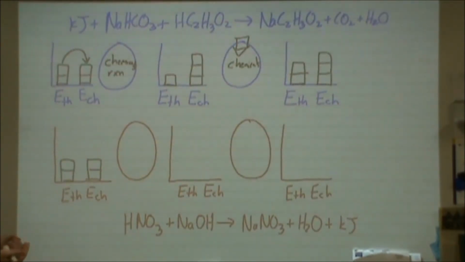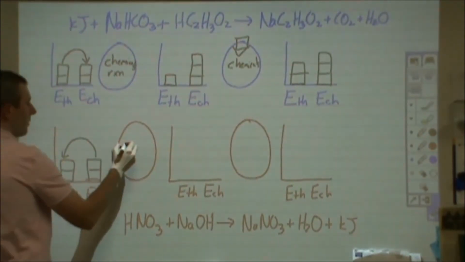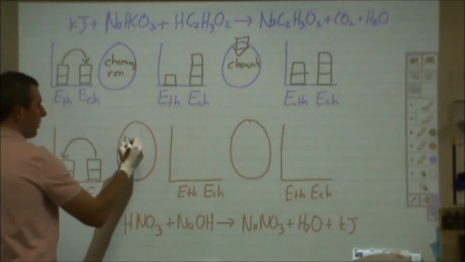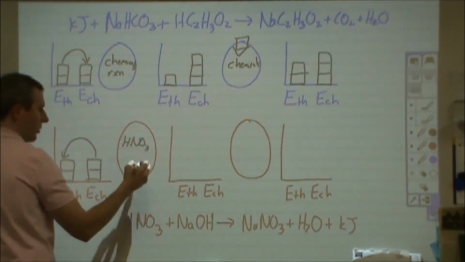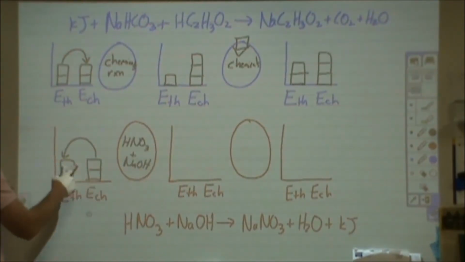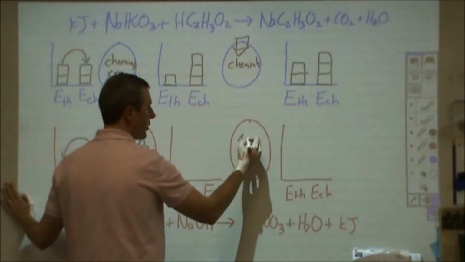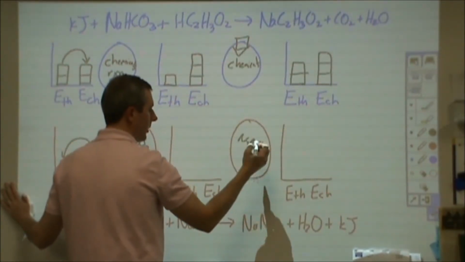That's indicating that we are increasing our thermal energy. So in this case, we're going to be taking chemical energy from our chemical mixture. Let's actually put the chemicals in for this one. We have our nitric acid and our sodium hydroxide, and then these start to rearrange to form our sodium nitrate and our water.